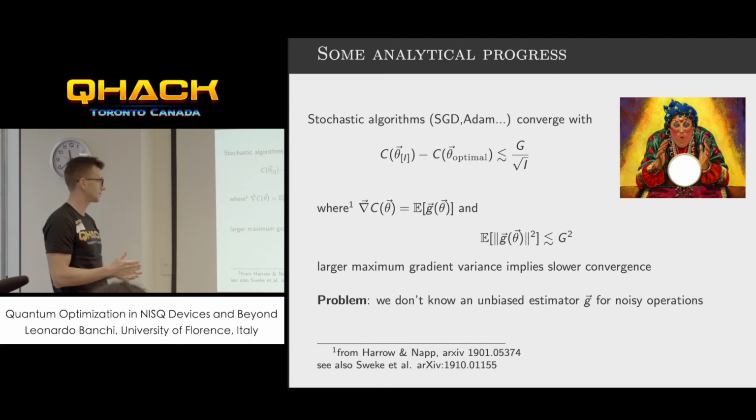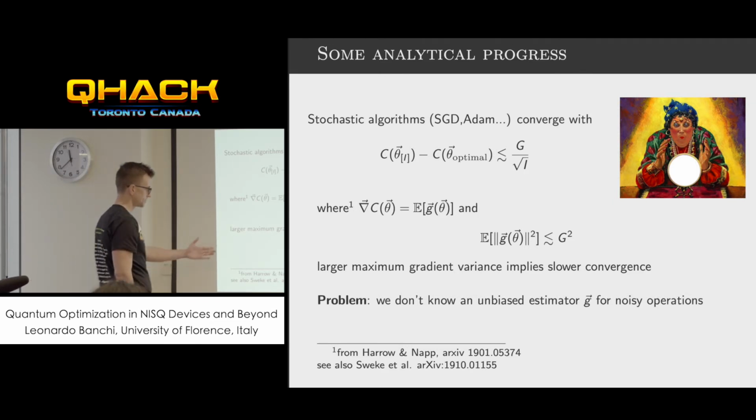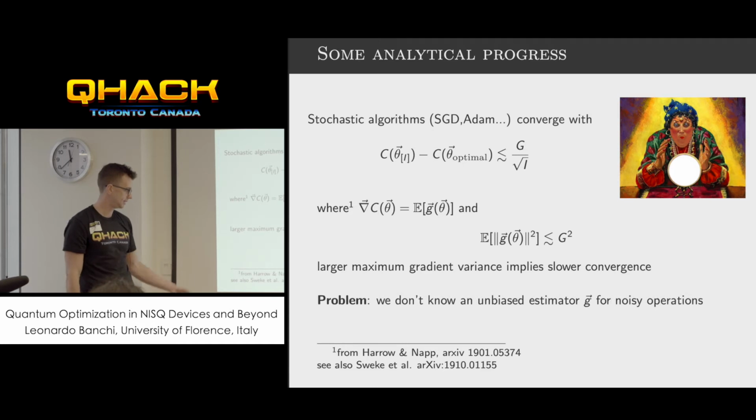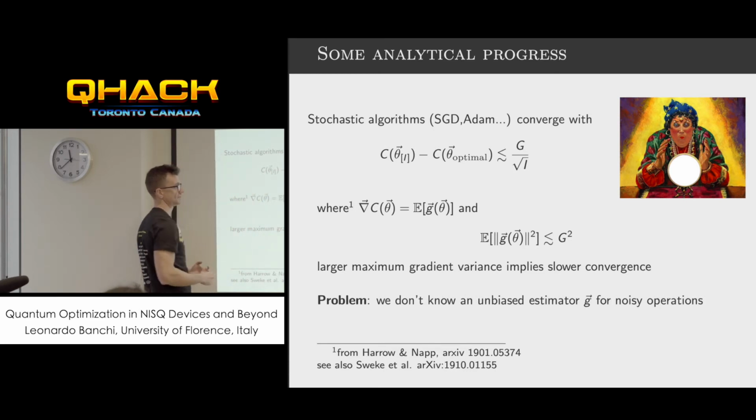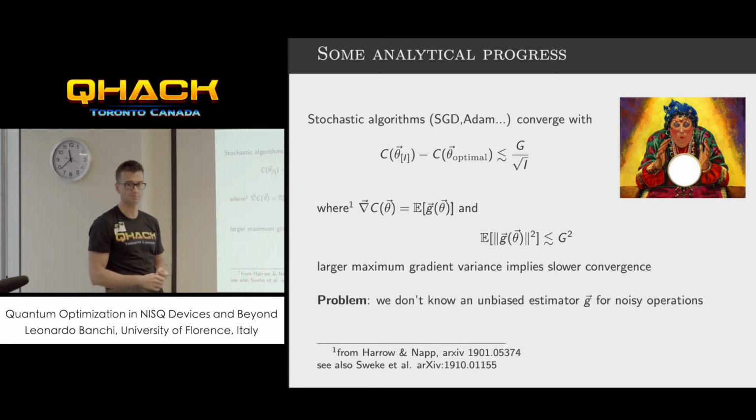These properties are kind of well known in the literature of stochastic optimization, but that literature is quite hard to grasp. So there are two papers which are written in a more quantum language, one by Harrow and Napp, and a recent one by Sweke, Wilde, and others, where they also discuss the convergence of stochastic algorithms for variational problems. And you observe some convergence like this, where I is the number of iterations of your gradient update rule.